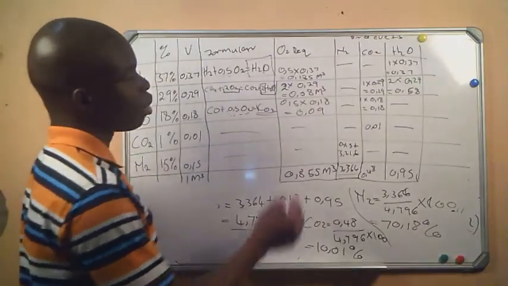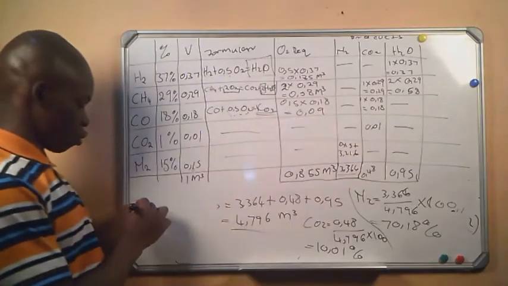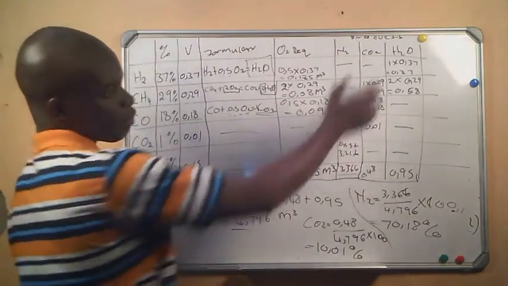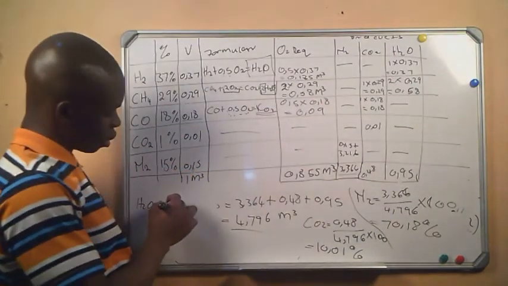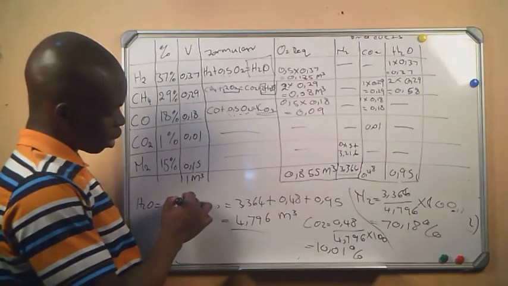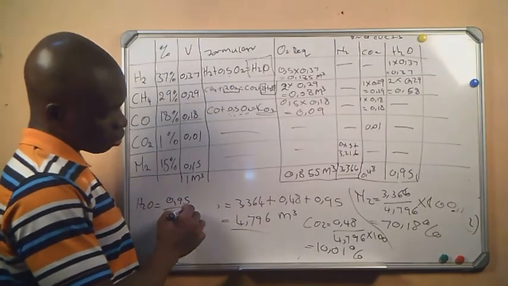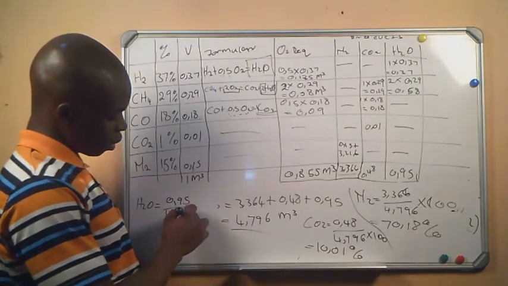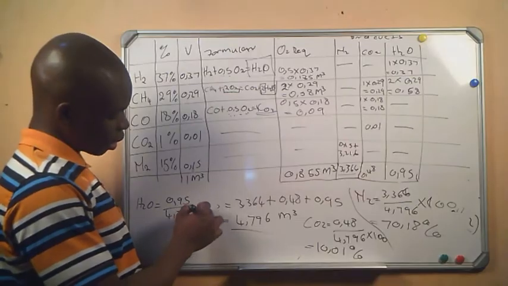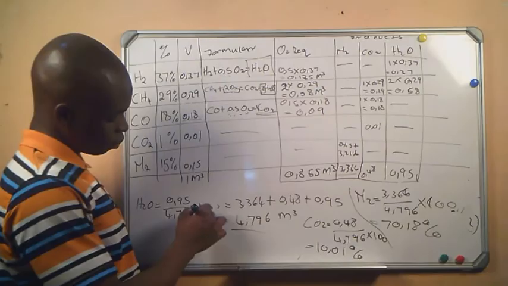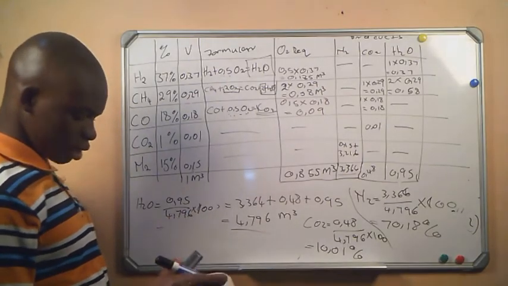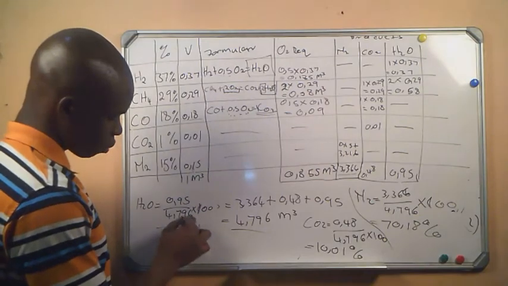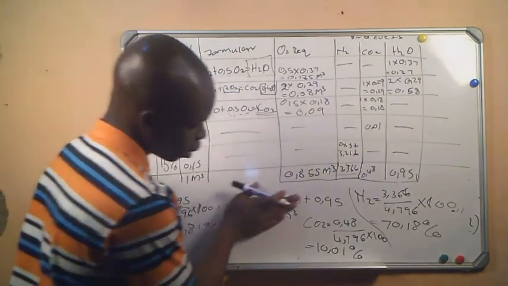And then we do H2O. For H2O, the amount of H2O in the product will be 0.95 divided by the total volume, which is 4.796, times 100. And I get that my answer for this is going to be 19.81%.